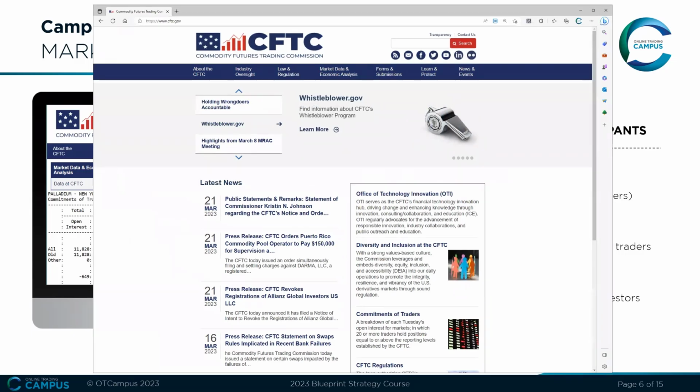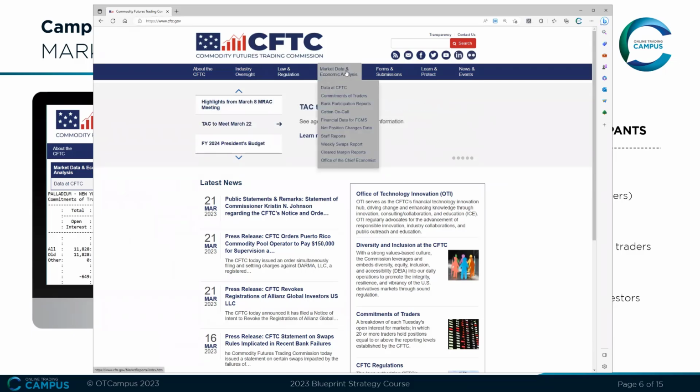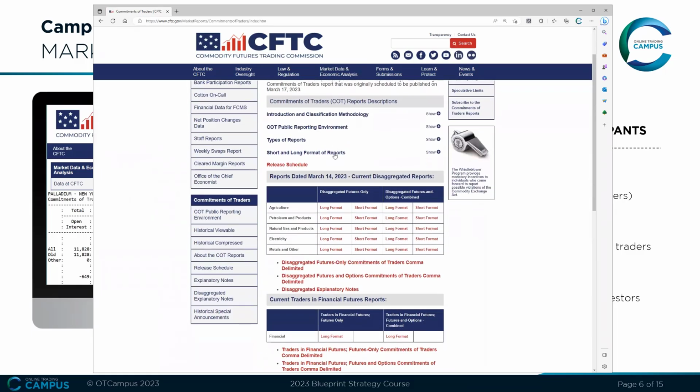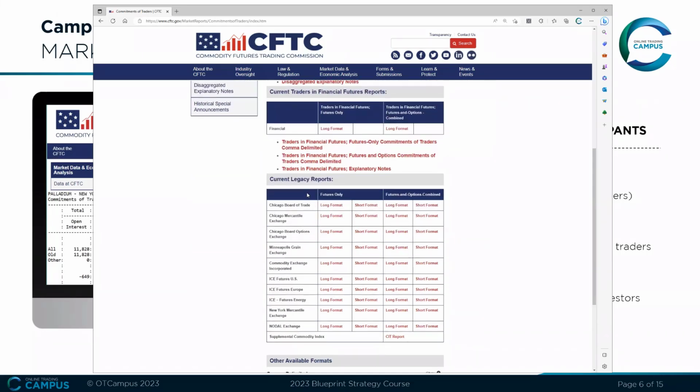So if we navigate to the CFTC website, then under market data and economic analysis, we'll see the Commitment of Traders report. And here we can see all sorts of different formats of different markets. The format that we'll be looking at is the legacy reports, because the legacy reports will spit out our 3 different groups, the commercials, non-commercials, and the retailers.